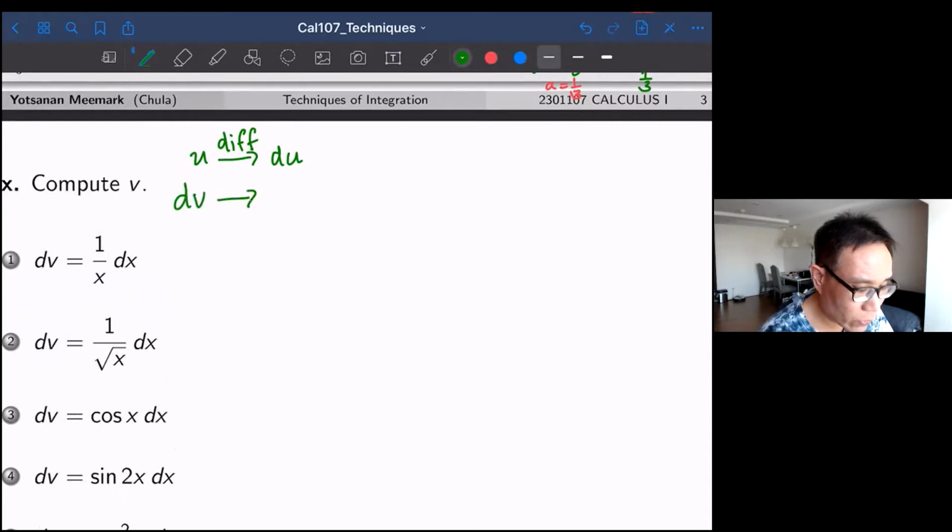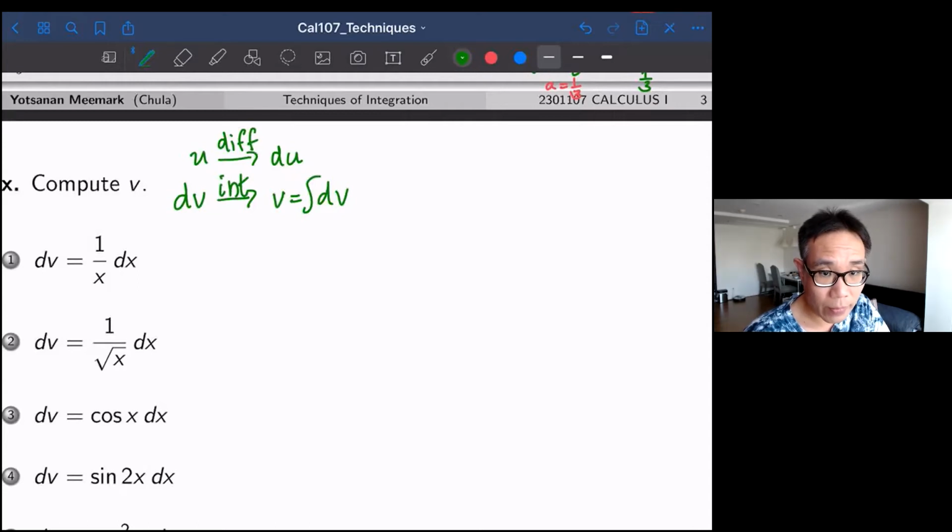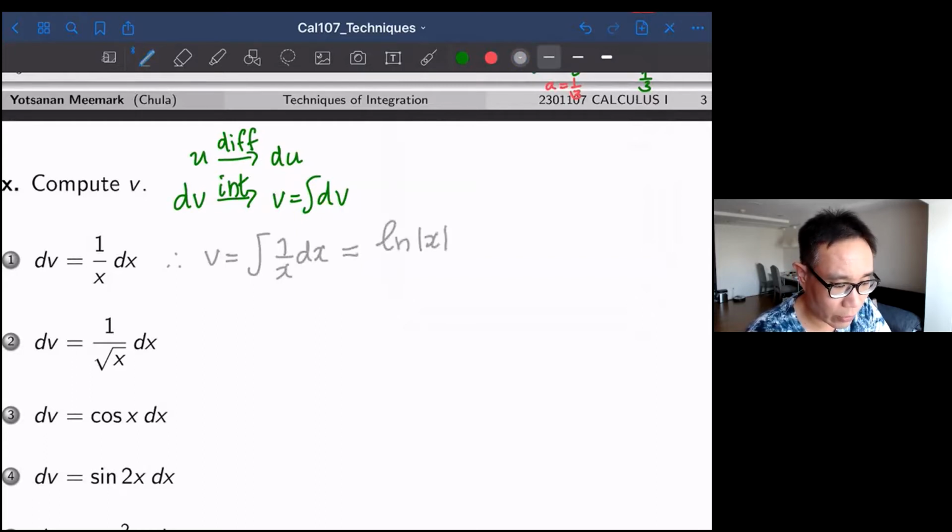In order to get v back, you're gonna have v equal to the integral of dv, so you integrate instead. For example, you'd like to find v for dv equal to 1 over x dx. You just have v equal to the integral of 1 over x dx, and the integral of 1 over x is gonna be log of absolute x plus c. So this is my v.